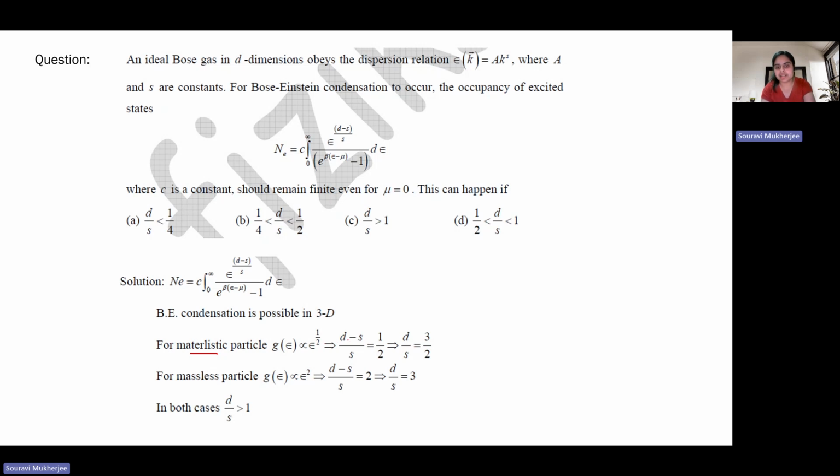So that means (d minus s) by s is equal to half, and for 3 dimensions d is equal to 3, so d by s is greater than 1, right? Again, if you do it for the massless particle, where g goes as epsilon square, your d by s comes out to be 3, which is again greater than 1. So the results that we already know are consistent with the fact that for this to be defined, the answer should be C, which is d by s should be greater than 1.